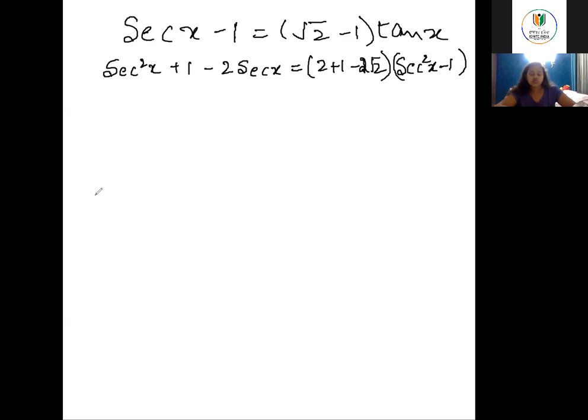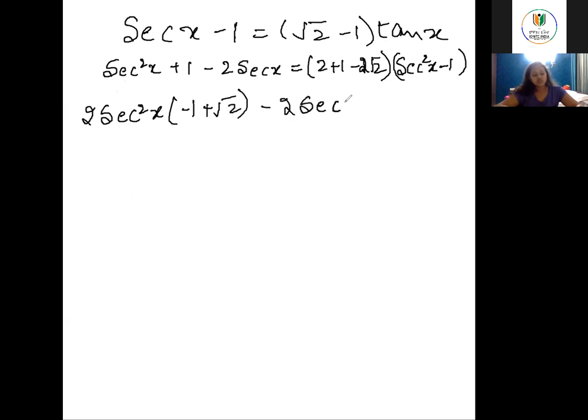Okay, you will get this. Now from here what you can do is you can take all the values on the left hand side itself. So after solving you will get something like this. 2 minus root 2 sec square x minus 2 sec x plus 4 minus 2 root 2 is equal to 0.